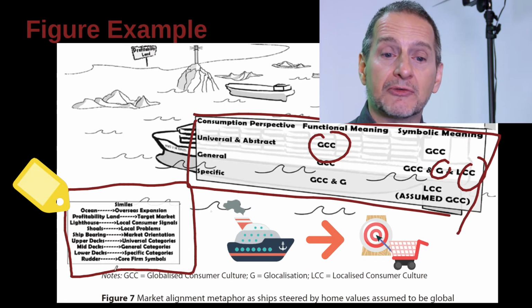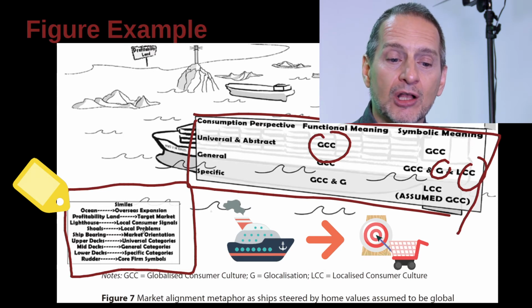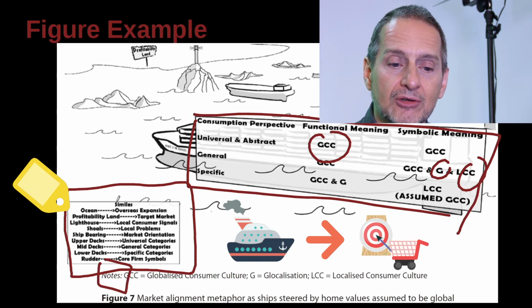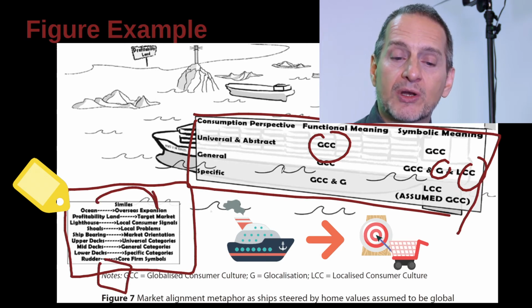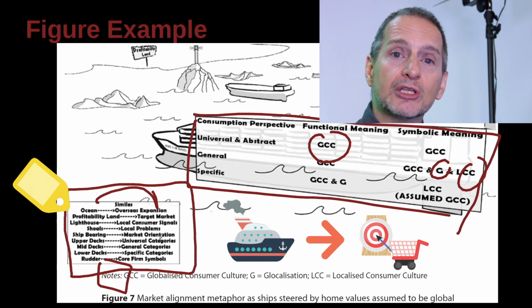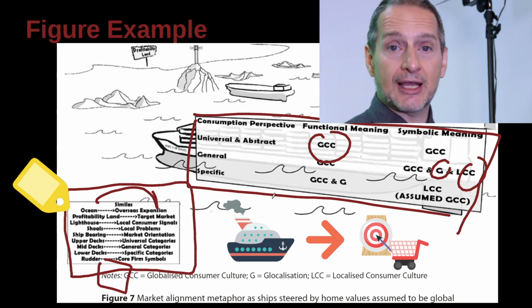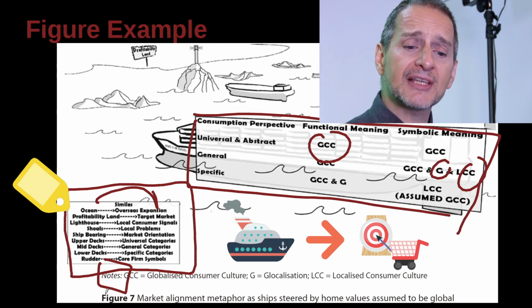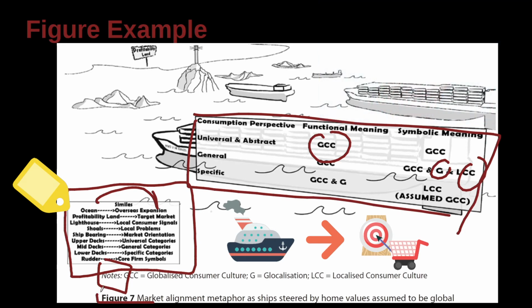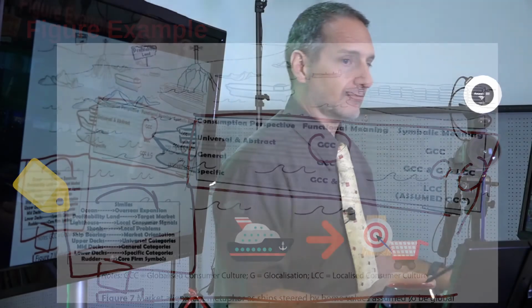So here I have a kind of key. What does all of this mean? Right here is a note right inside of here, and here is an explanation of what I'm trying to explain here. So the user can quickly look at the picture and see the ideas all inside the figure. And then outside the figure is the caption here, which is figure 7, and then the caption of the figure.